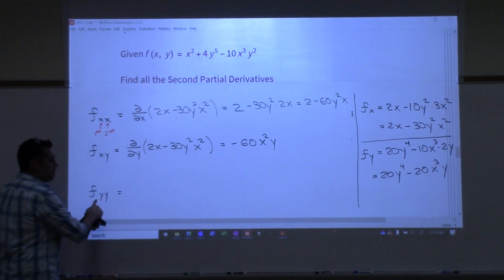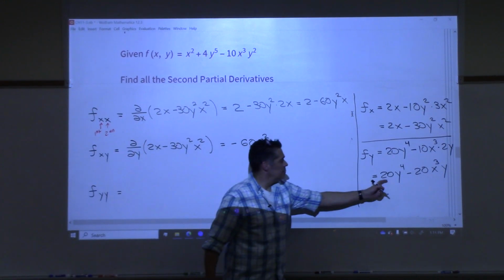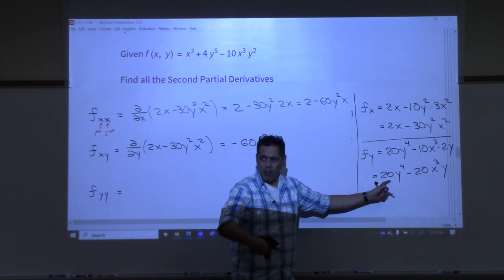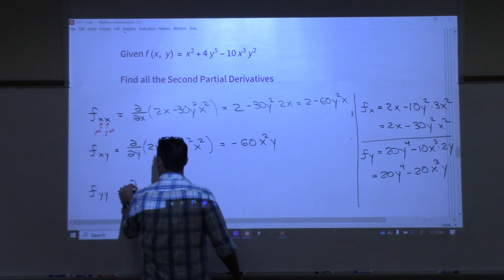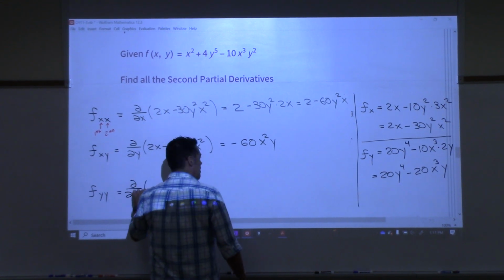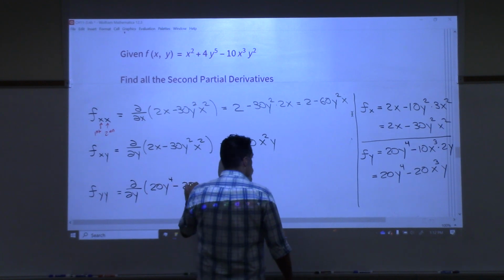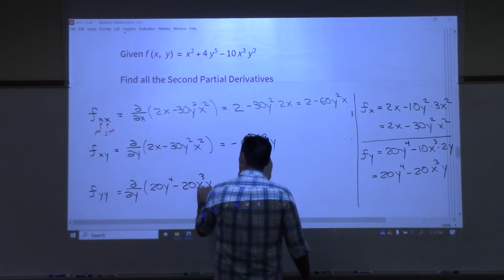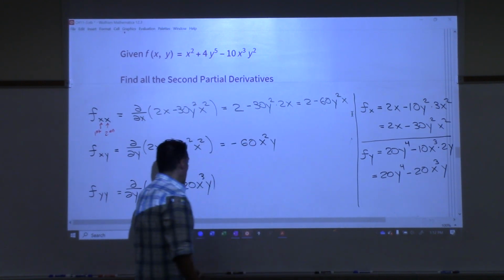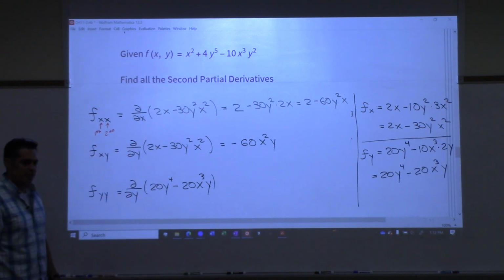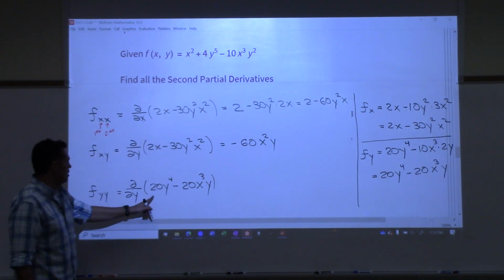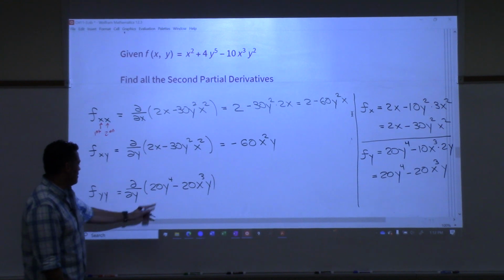All right, partial with respect to y, so that's this bottom one. And then we're going to do it with respect to y again. So the partial with respect to y of, today is very much just mechanics, making sure we know how to do these things, and then we'll apply them to something later. We just want to make sure we have the mechanics of this down. All right, so I want the partial with respect to y of this.